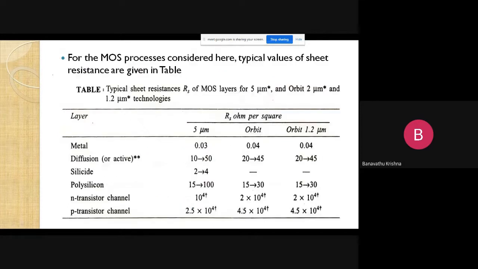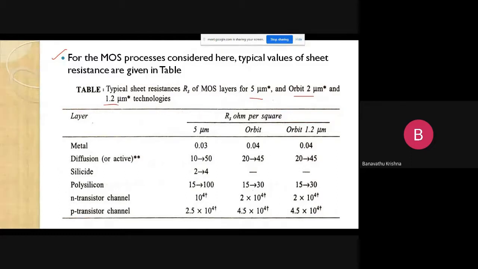Next, for MOS processes, consider typical values of sheet resistance. As I told you, whatever we want to measure to get an accurate response applies to various technologies, such as the 5 micrometer technology, Orbit 2 micrometer technology, and 1.2 micrometer technology. Now I want to get some values.